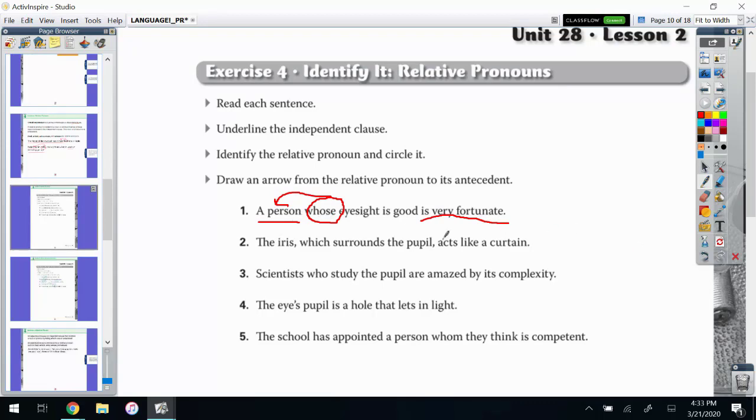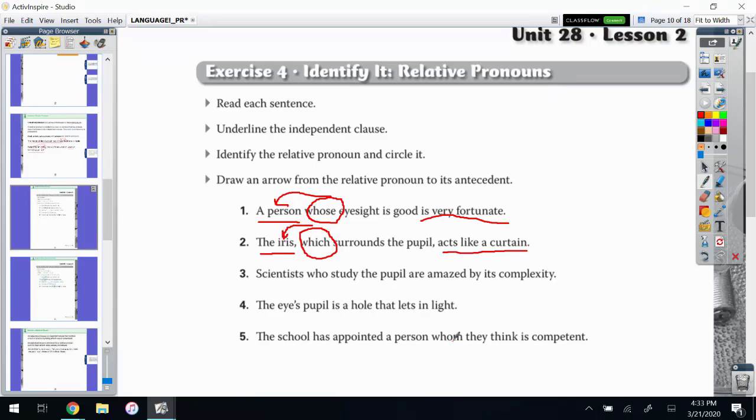Number 2, the iris, which surrounds the pupil, acts like a curtain. Our independent clause is the iris acts like a curtain. Our relative pronoun is which. And which is talking about iris.